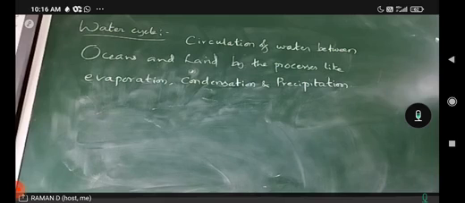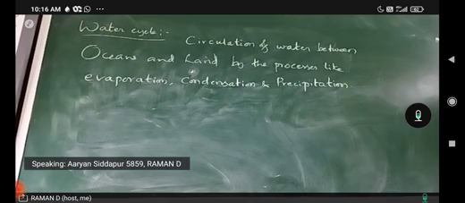So, what is actually happening here? Water is getting evaporated. The liquid form of water is converted into the gaseous form of water, that is water vapor. Once water vapor is formed, where does it go? It goes into the air, right? So, in order for the water to get evaporated, what is needed? Heat is needed, right?